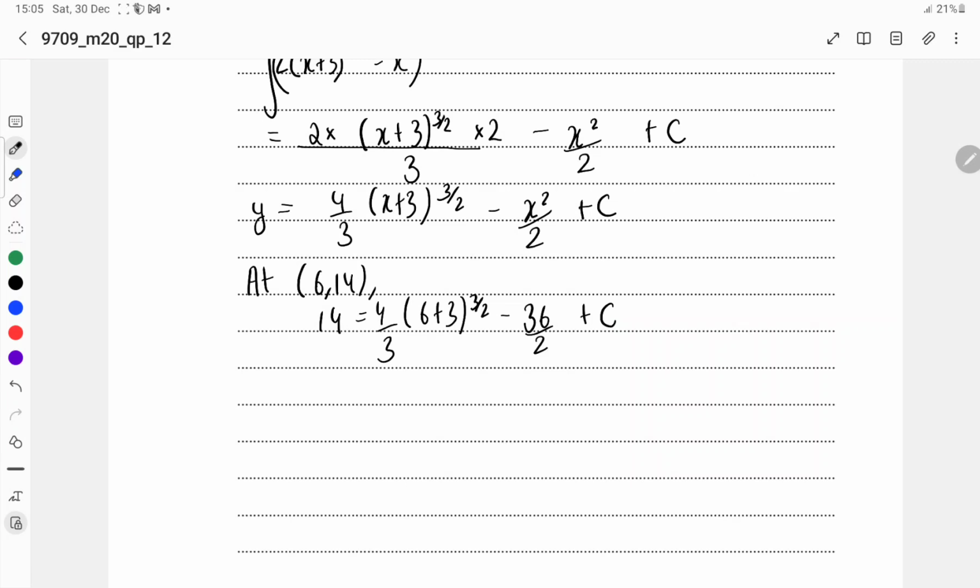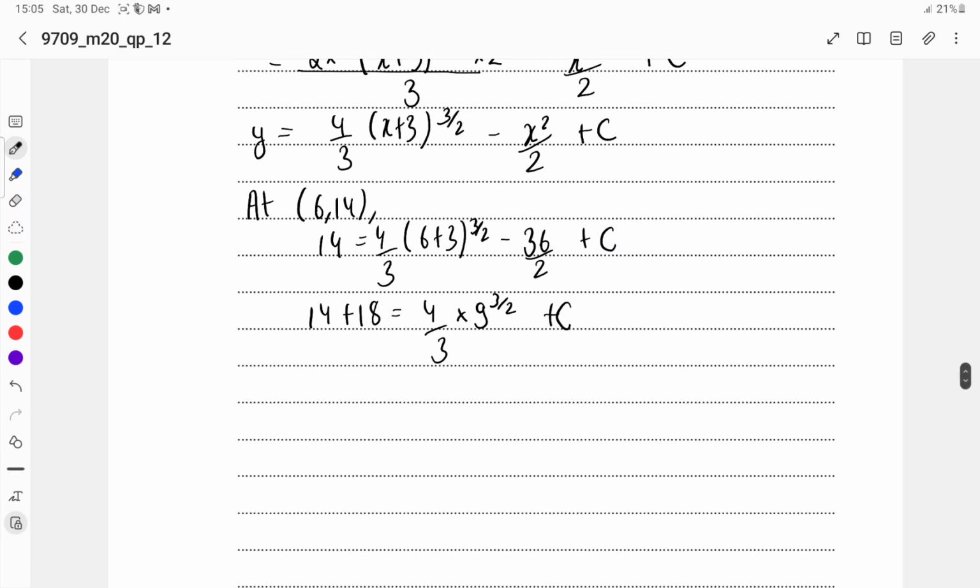So to find the value of c, 14 plus 18 will be equal to 4 over 3 times 9 to the power 3 over 2 plus constant. Let me just put it in the calculator. 18 plus 14 minus 4 over 3 times 9 to the power 3 over 2. C is going to be minus 4.